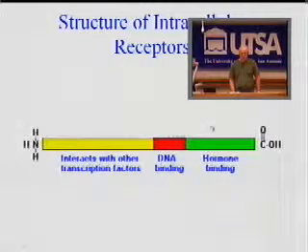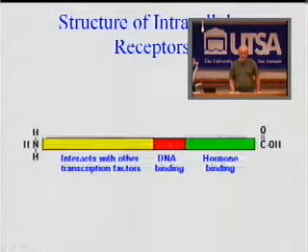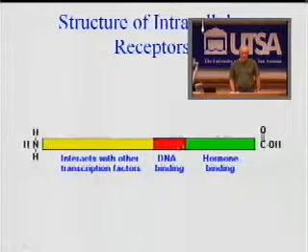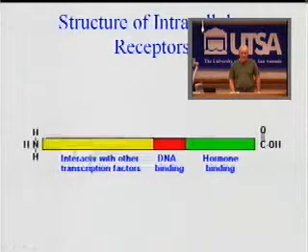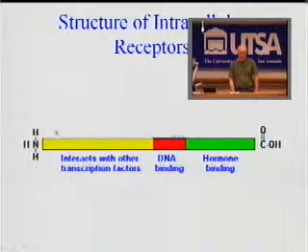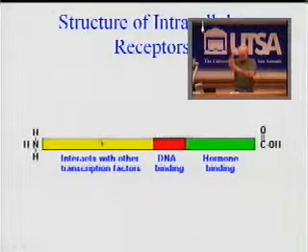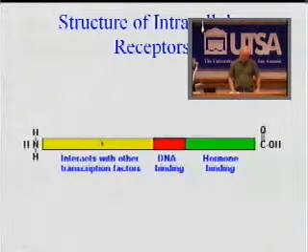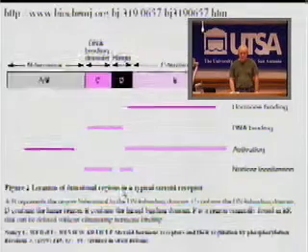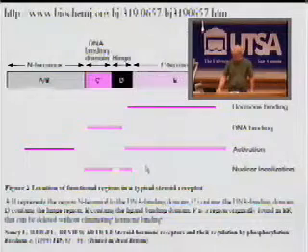Carboxy terminal, where the terminal and the portion, the amino acid sequences closest to that, are committed to binding to the ligand, the hormone, and the middle portion, we'll look at that in a little more detail in a moment. And then the opposing end, of course, is available, sticking out there somewhere, to interact with other transcription factors, including binding to form the dimer, whether it's homodimer or heterodimer.